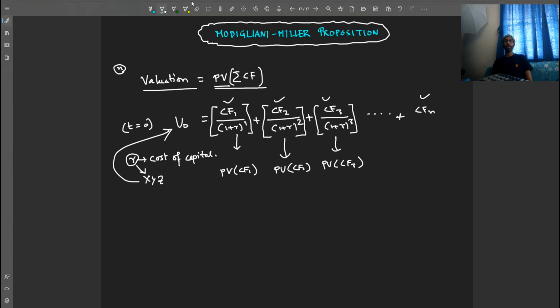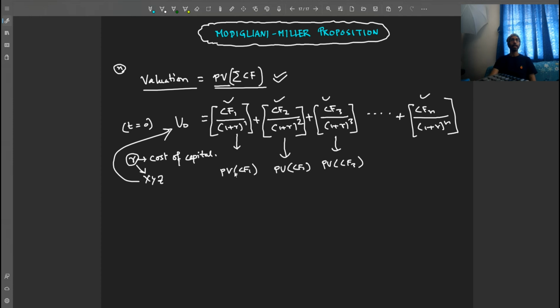CFN will be CFN divided by (1 plus R) to the power n. Adding all this up, we get the sum total of the present values.